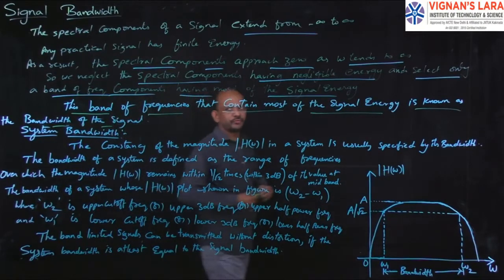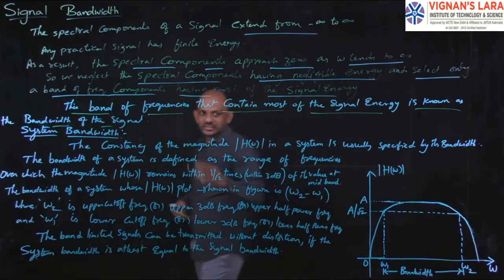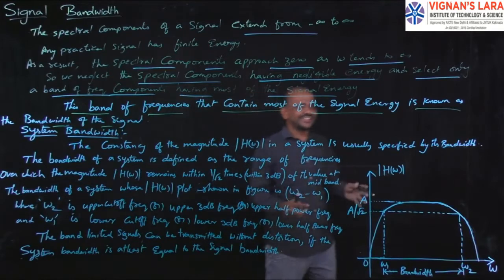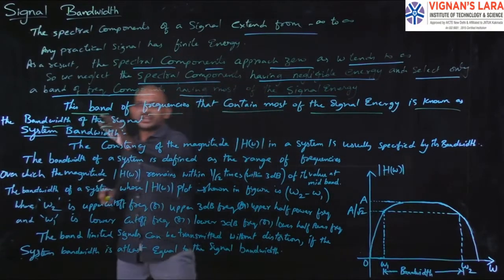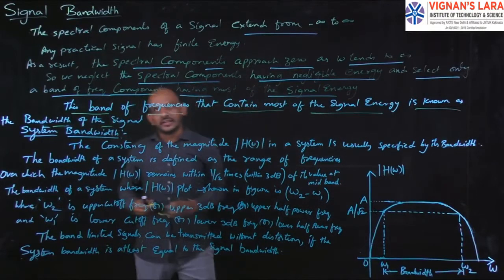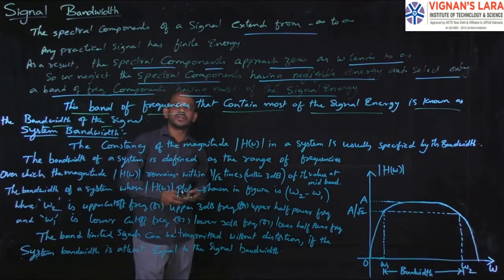While transmitting a signal, most of the energy is located in a band of frequency components, and that band is known as the bandwidth of the signal. So this is a simple explanation about signal bandwidth.